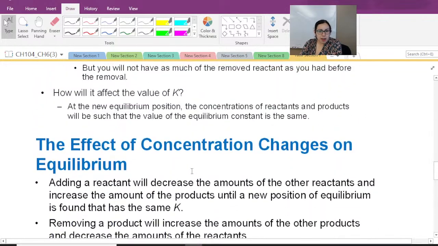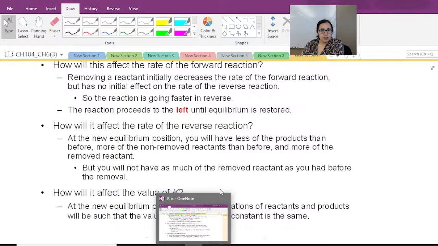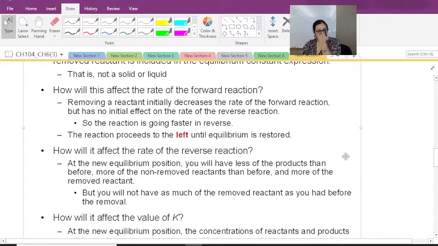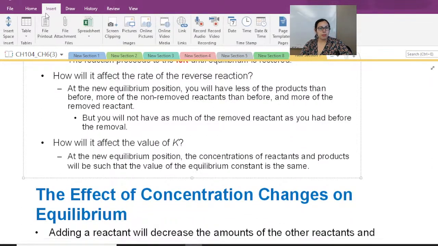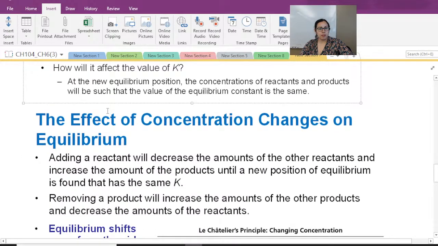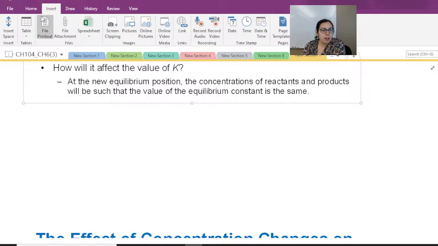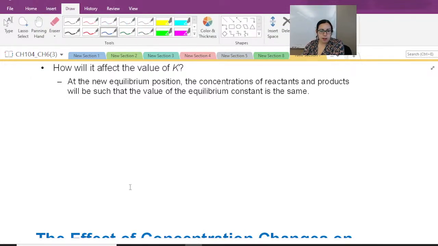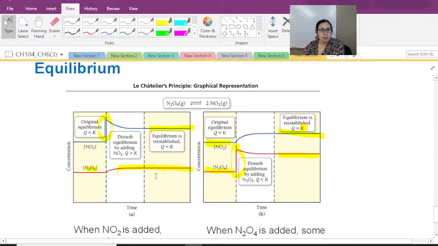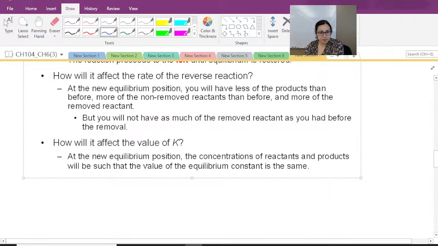And so now going back to this case, let's think about this visually. And so again, thinking about our reaction, our dimerization, so N2O4 making NO2.